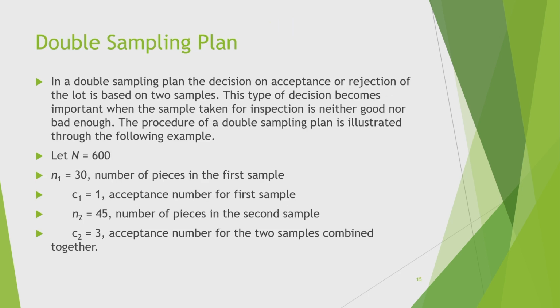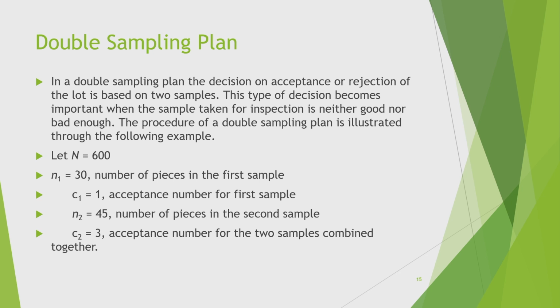But we can have a double sampling plan. In a double sampling plan, the decision on acceptance or rejection of the lot is based on two samples. This type of decision becomes important when the sample taken for inspection is neither good nor bad enough. The procedure of a double sampling plan is illustrated like this.